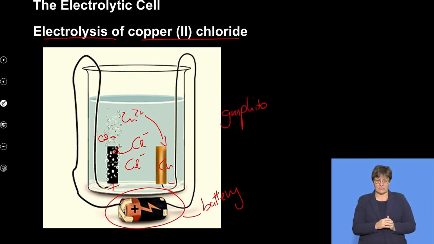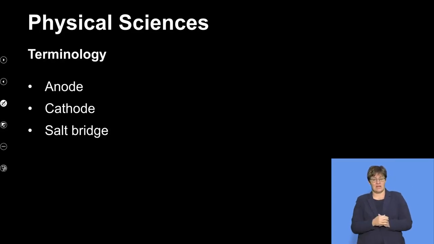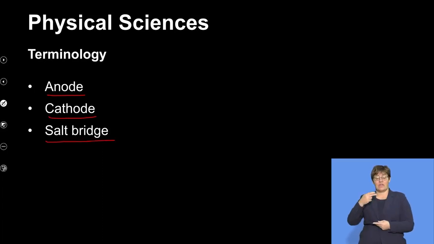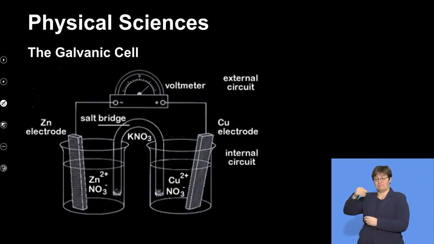Okay, if we look at another example, we will recognize that in these different types of cells, the cells have names. They have the name of an anode and a cathode and a salt bridge for a galvanic cell. So if we look at the galvanic cell, we have to recognize that there are certain types of reactions happening here.